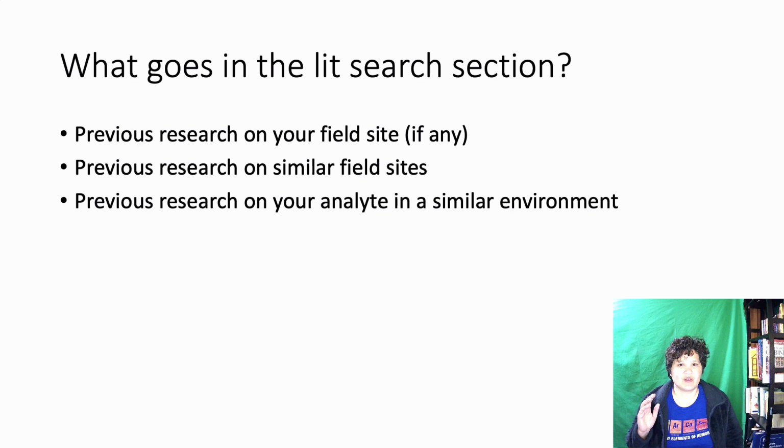And so you want to put in any research you have about how your analyte behaves in the sort of environment you're dealing with. So for example, if I were looking at Budd Inlet or Eld Inlet, I would want to look at what people had measured in estuaries. Because whatever I'm measuring, it's probably going to be different in an estuary than it is out in the open ocean. And it certainly is going to be different than what I see in freshwater. So what is the closest thing I can find to what I want to measure?